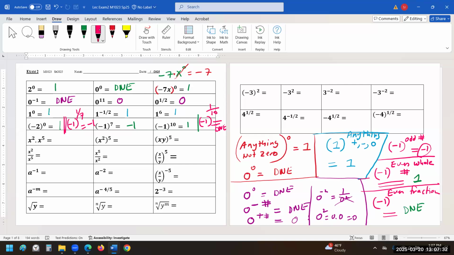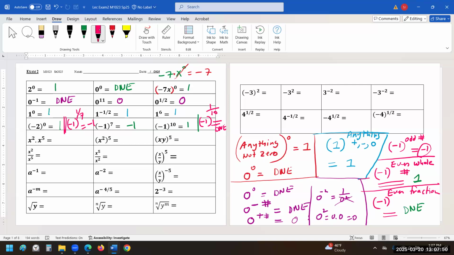So I'm going to give you more examples on each scenario. Okay, because these are fun. Any questions so far?